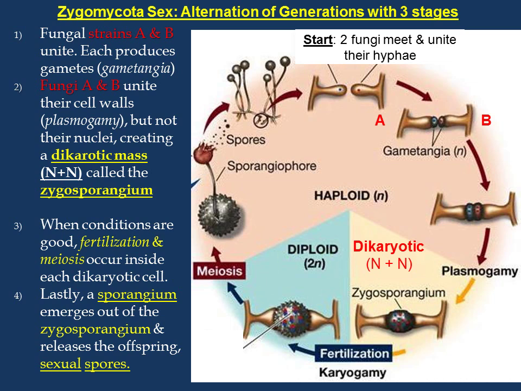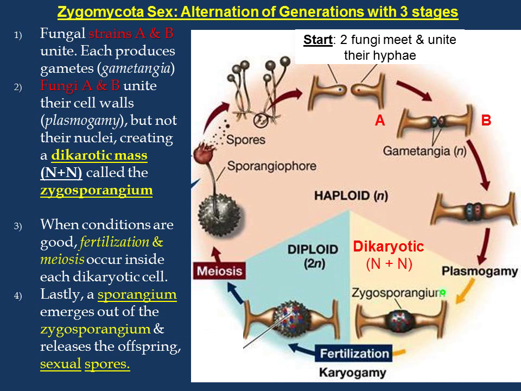Alright, number 1, the fungal strains A and B, from 2 different individuals in the same species, unite. Each produces gametes, or gametangia.